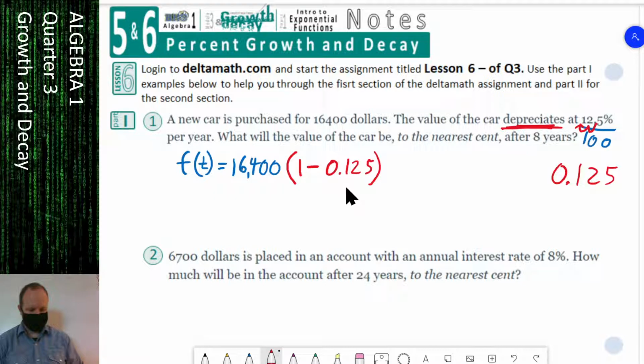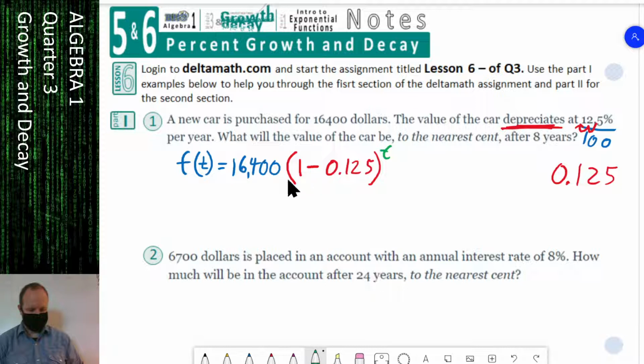It's just too big of a number. If this was increasing, we would be multiplying it by 12 each time. Our car would get really pricey way too fast. What am I missing? What's the one thing I'm missing on my equation? Exponent. This is an exponential equation, so it needs an exponent.